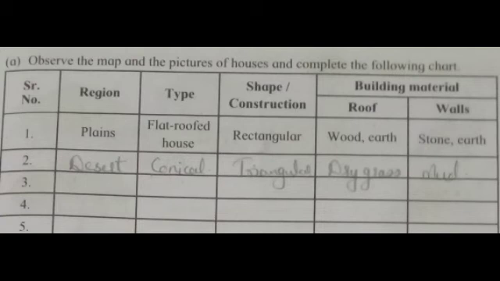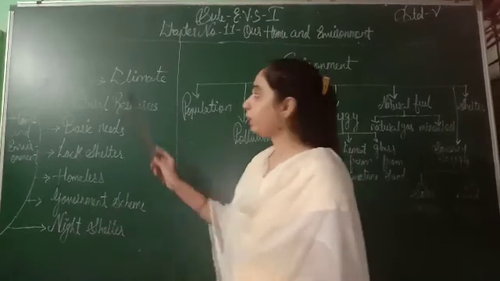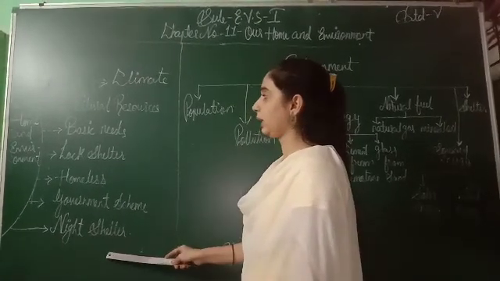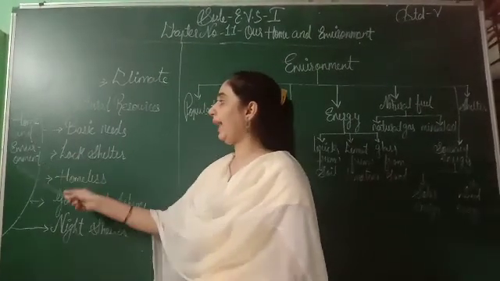For the roof they used dry grass, and for making walls they used mud, because in desert areas the climate is very hot, so they use mud to keep their houses cool. Now today we are going to discuss all these points related to home and environment.